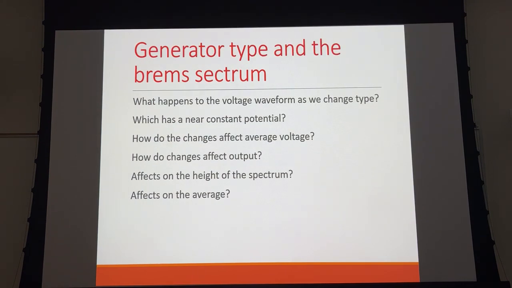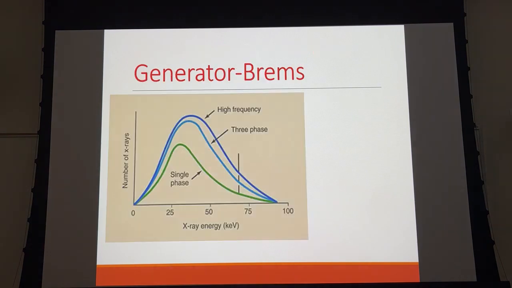All right, so we just talked about that. So we took a look at the difference between them: single phase, decreased output, lower average; 3-phase, increased output, increased average; high frequency. Again, it's not a great jump from 3-phase to high frequency.